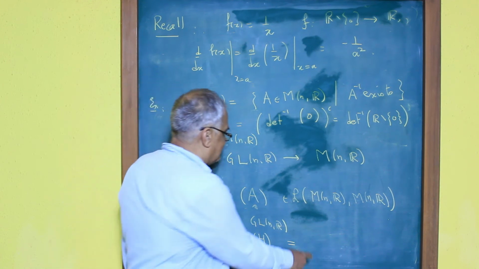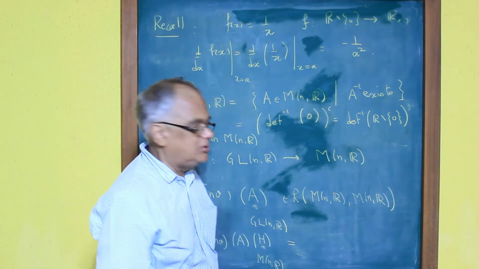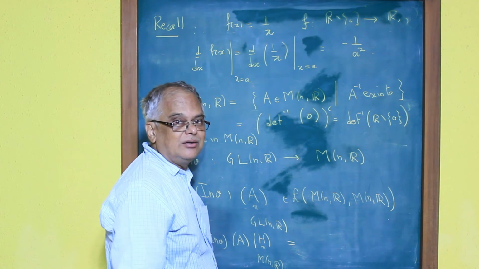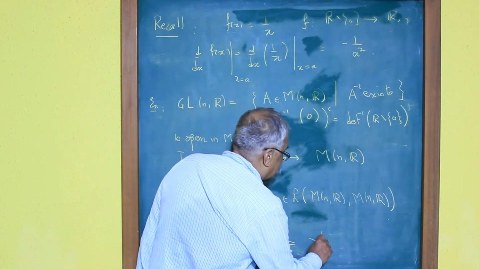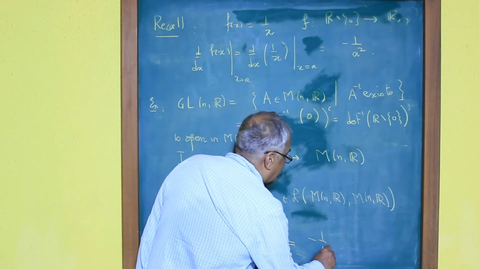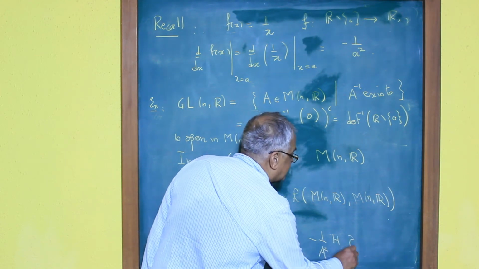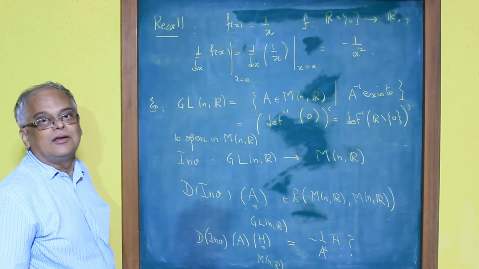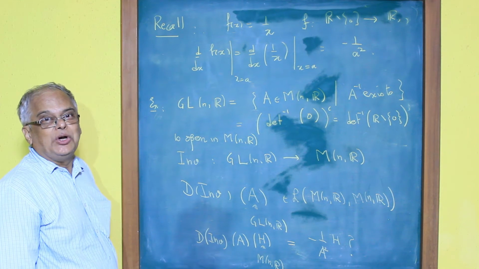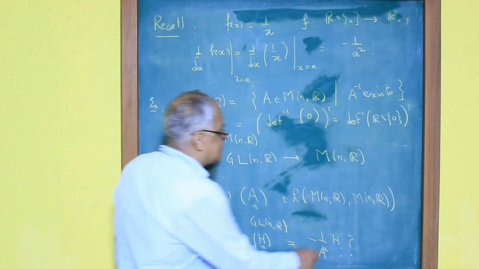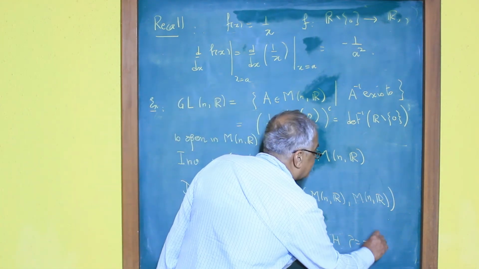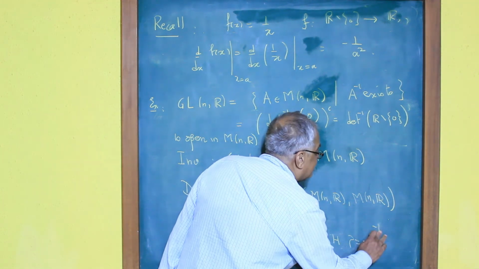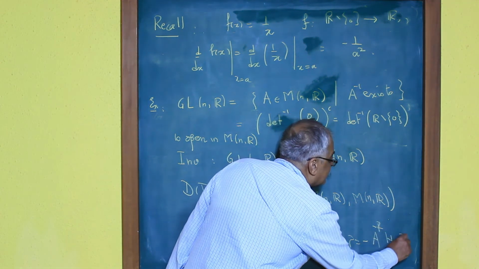So I should write something down here that corresponds to minus 1 by a squared times h. Okay? So I have to play around. So what does this mean? This means minus a to the minus 2 times h.